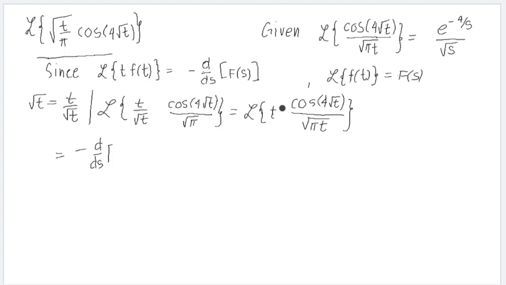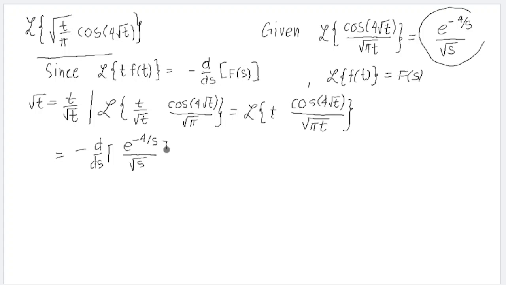Since this is our f of t, F of s is just the Laplace transform of this f of t, and the Laplace transform of cosine 4 square root of t over square root of pi t is just this. Then we'll substitute this as our F of s: e to the negative 4 over s over square root of s.